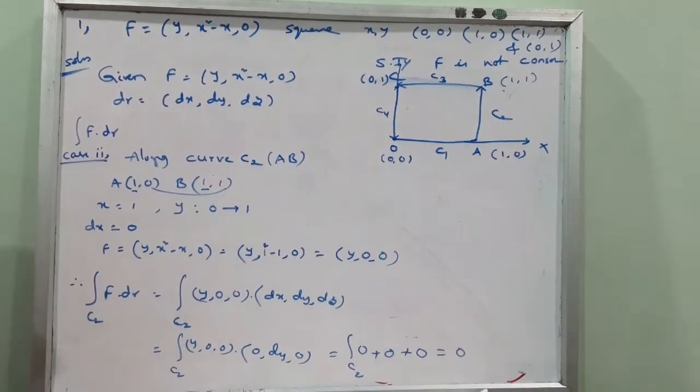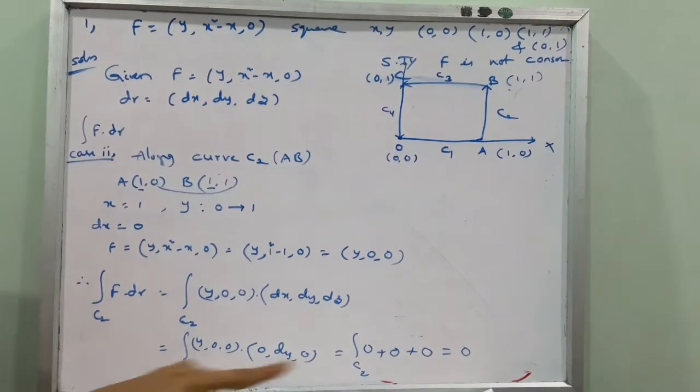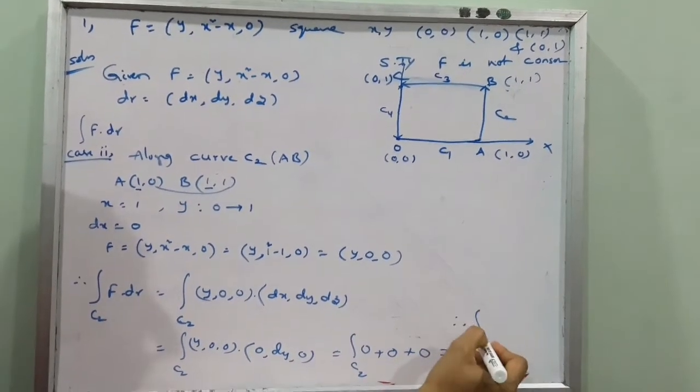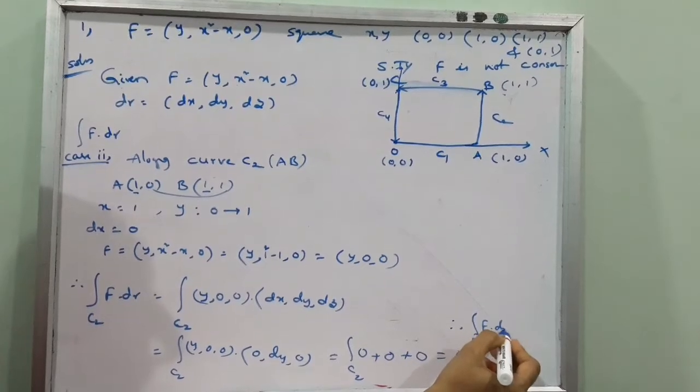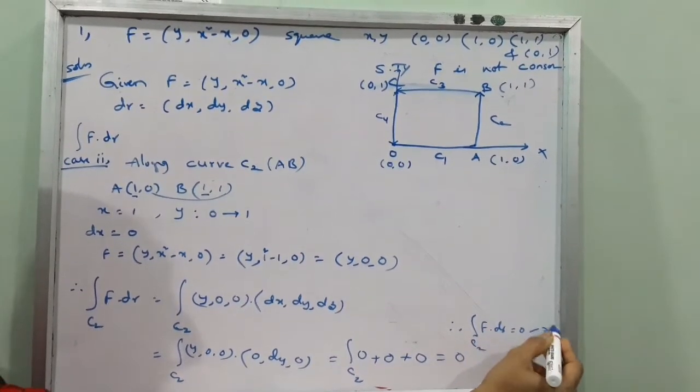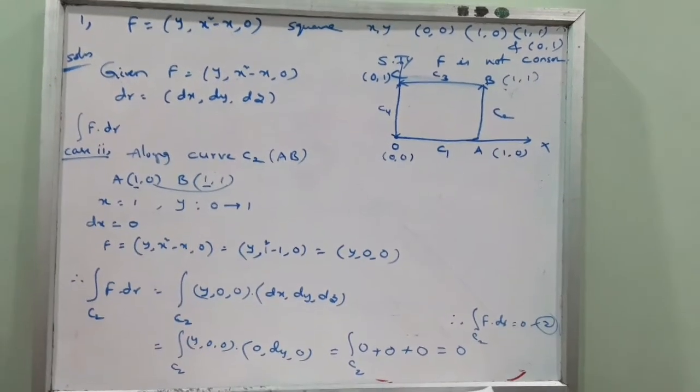Then the total will be 0. Therefore, the integral over C2 of F dot dr is equal to 0. Equation 2.